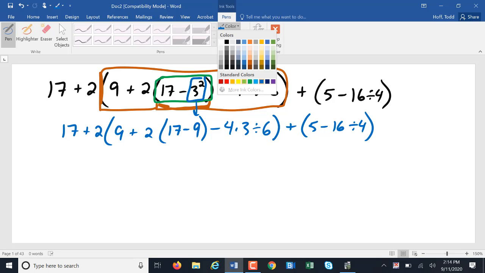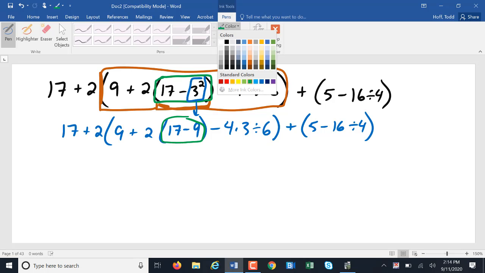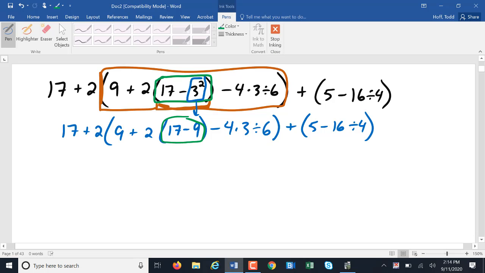Okay, so we're still inside that green section there, inside that inner set of parentheses. All that is left is the 17 minus 9, which is, careful, 8. There we go. Now I've reduced the parentheses to a single number. So in the same step here, I'm going to take out the parentheses.